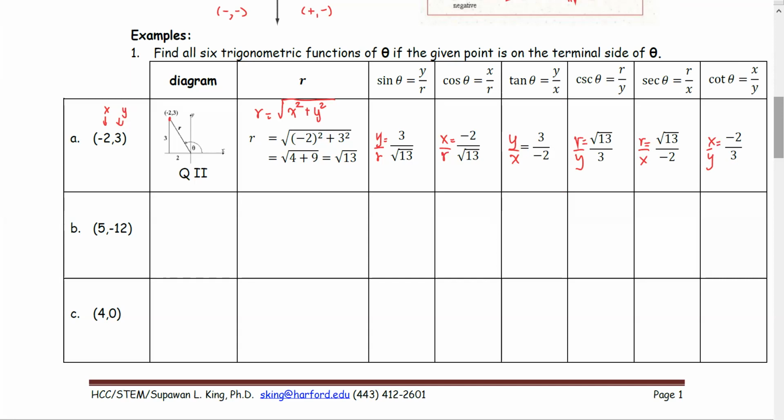Let's see the next ordered pair, (5, -12). X is positive 5 and y is negative 12. This ordered pair is located in the fourth quadrant.